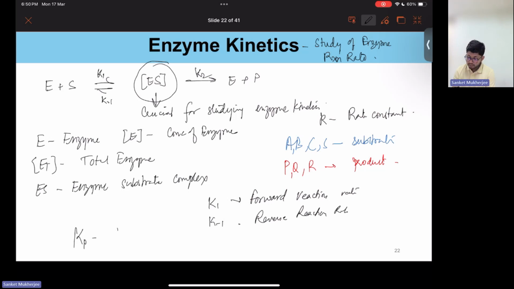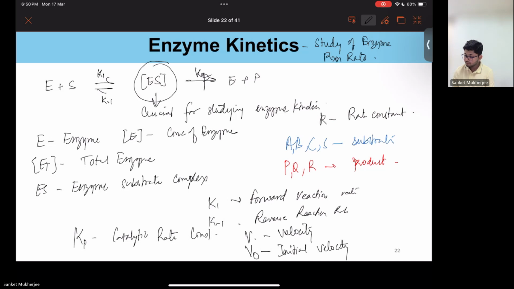Kp is the catalytic rate constant. V is the velocity. V naught is the initial velocity when product is not formed.